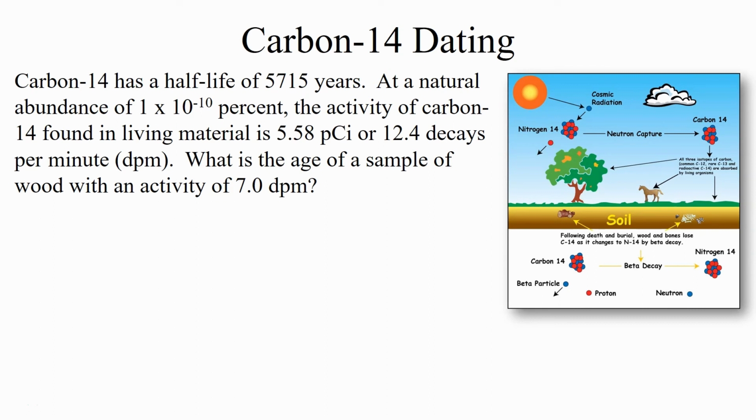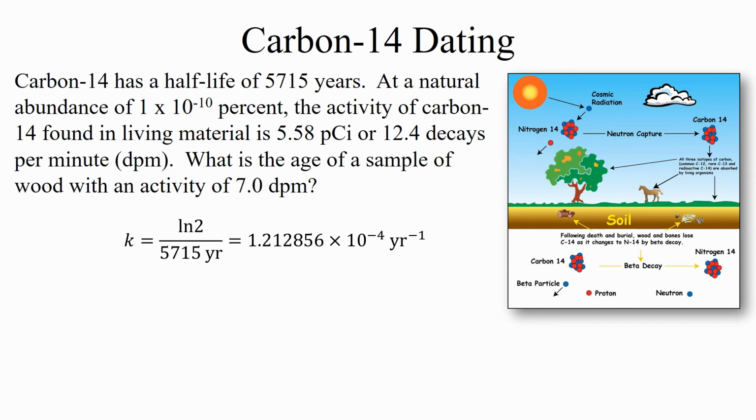Now again, we don't have concentrations here, but we can take decays per minute, or decays per second, whatever the units are, as analogous to concentrations. So again, first off, we need to find out what our rate constant is.